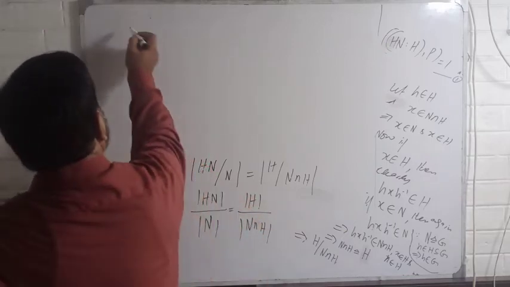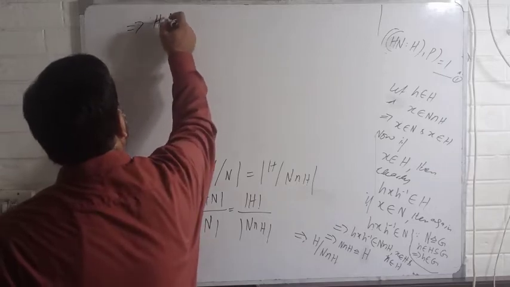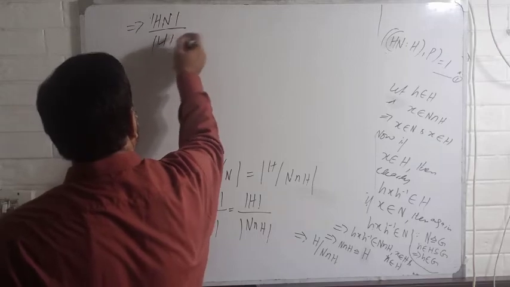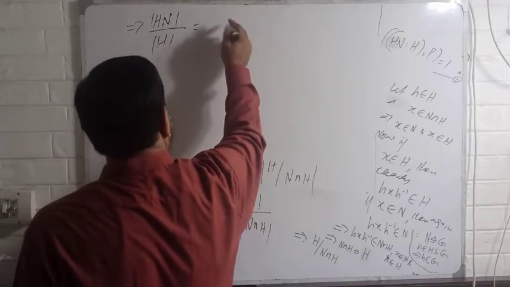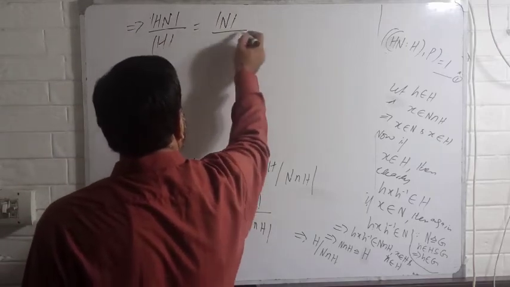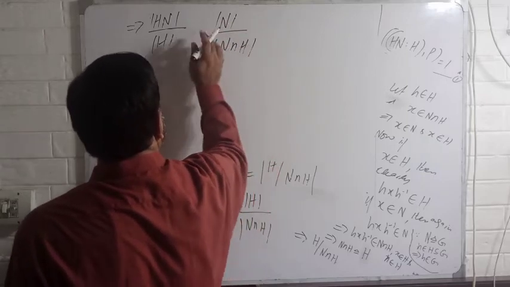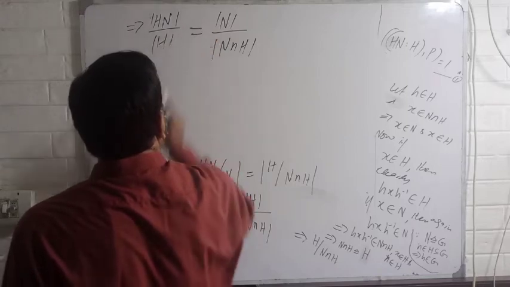So this implies order of HN by order of H is equal to order of N by order of N intersection H. There should be the equality, right?